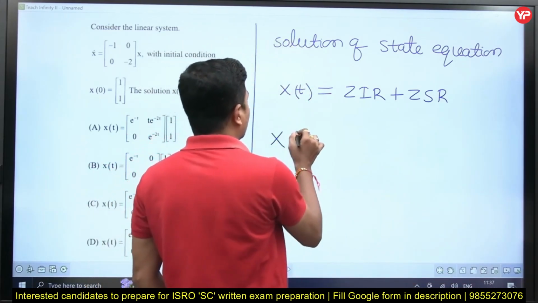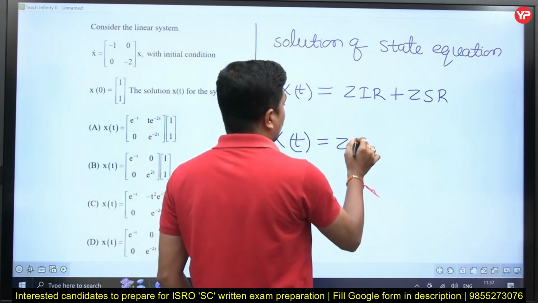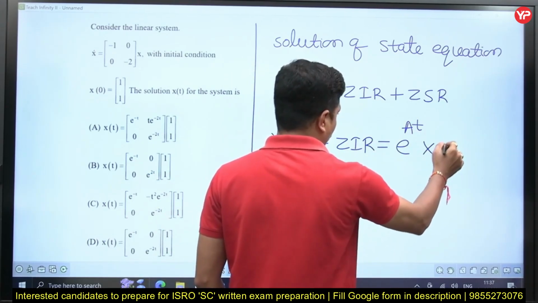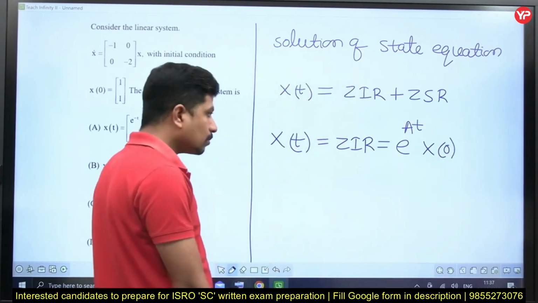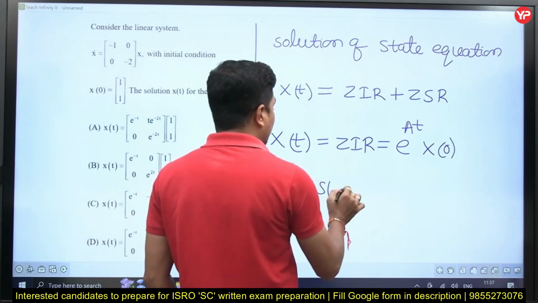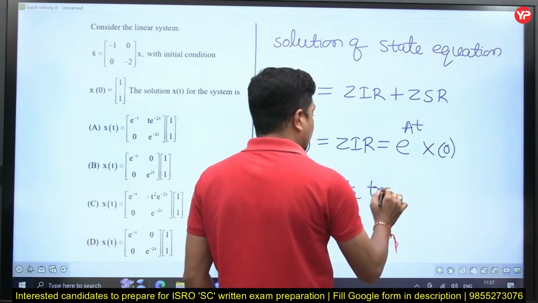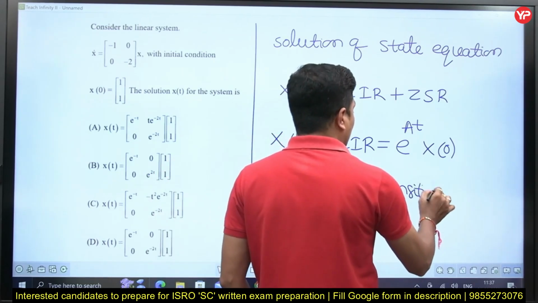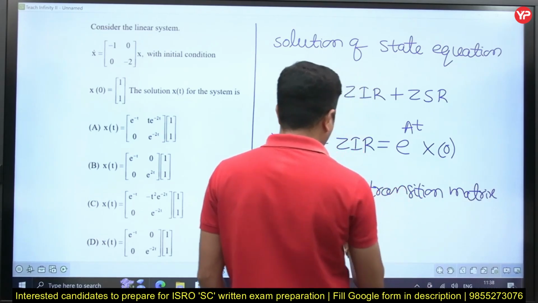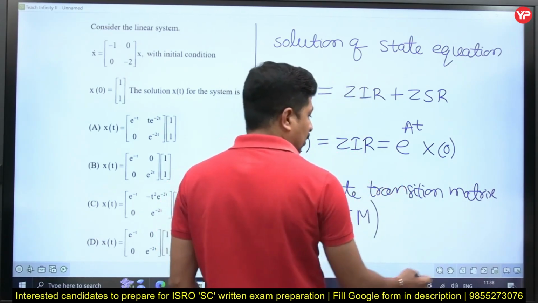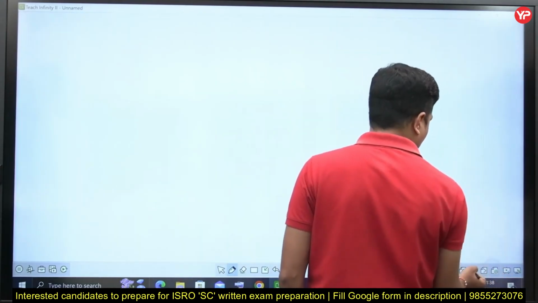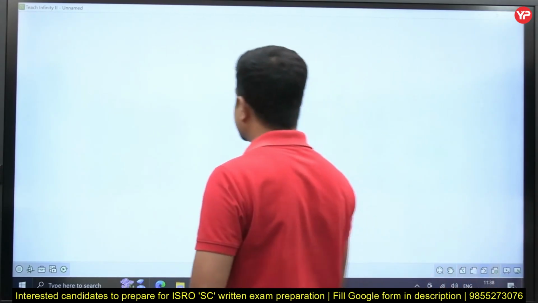So x of t is equal to zero input response, that is equal to e power At into x of 0, where e power At is called the state transition matrix, STM.